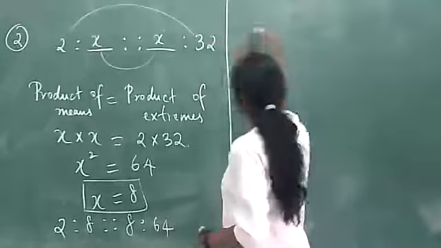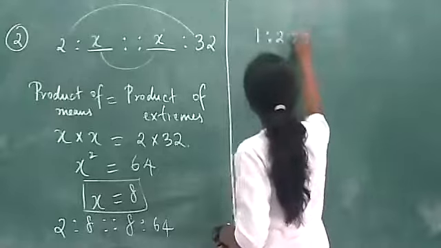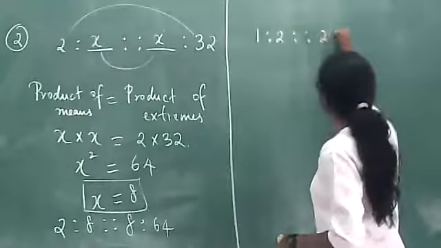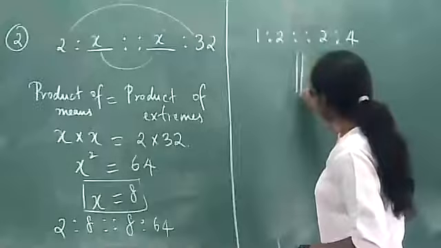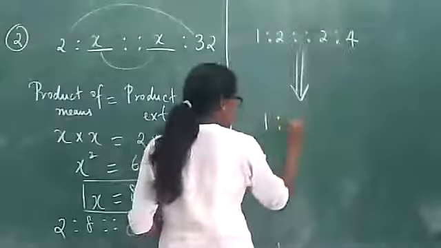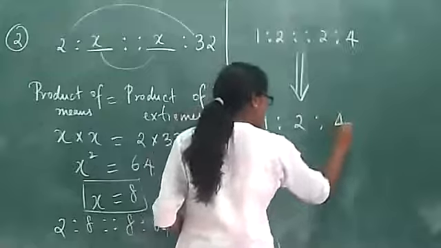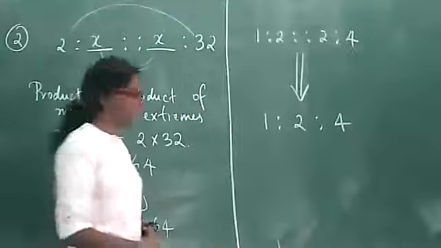Say our continued proportion is 1:2:2:4. If this is a proportion, this can be represented as 1:2:4. So this is another representation for continued proportion.